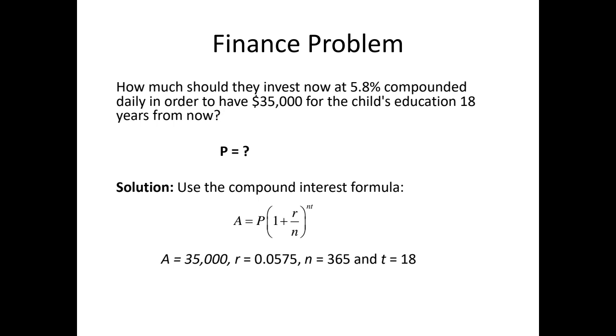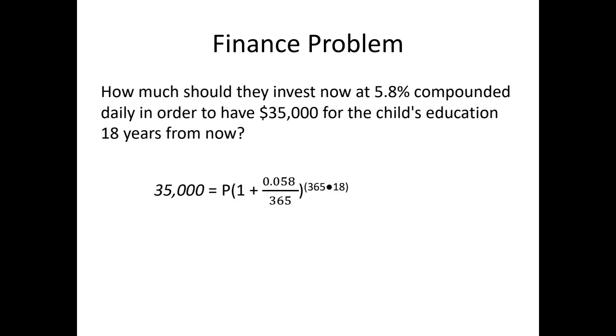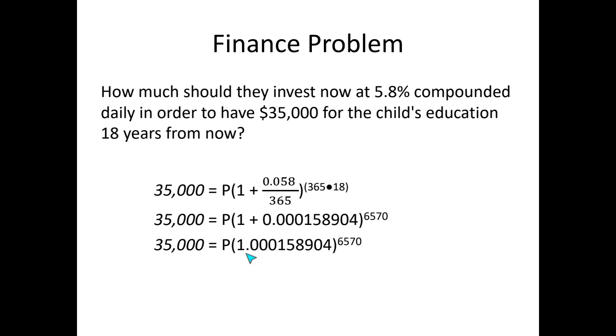So we plug it in. We have 35,000 for A, and we have all the information here. 0.058 divided by 365 is this decimal here, and then I'm going to add it to 1. And so I get 1.0 and so on.